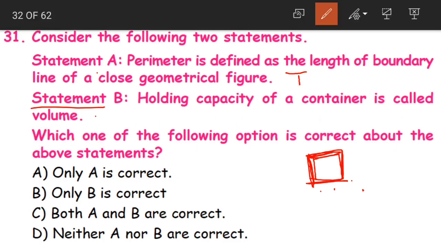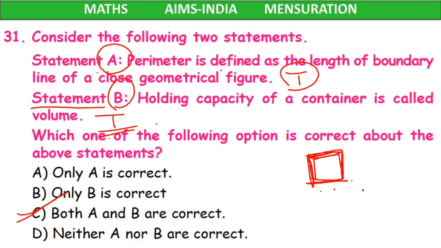Is this correct children? Yes, even statement B is true. The capacity of containers is measured in terms of volume. So what can we say about these 2 statements? Both statement A and statement B are correct. That is option C.